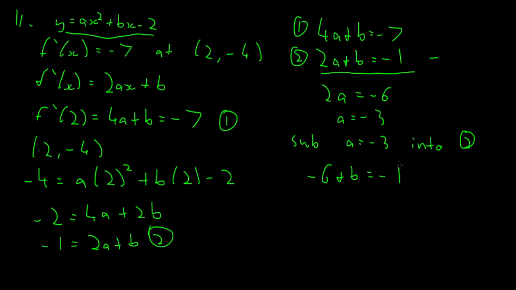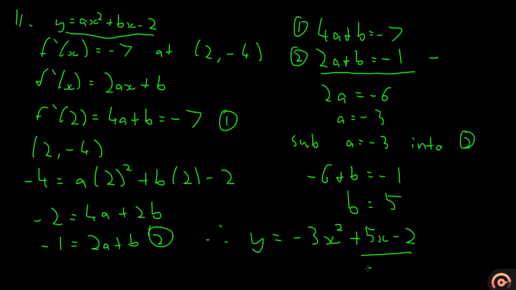Put the minus 6 over here and make it a plus 6 on the other side, and b equals minus 1 plus 6, which is 5. So a equals minus 3 and b equals 5. Therefore, the end equation is y equals minus 3x squared plus 5x minus 2.